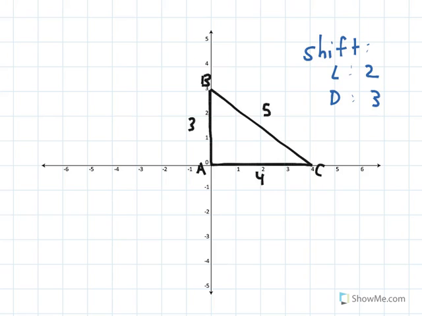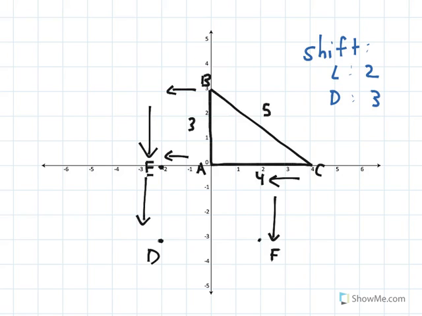Point A is 0, 0, which would shift left 2, down 3, right here, and let's call that point D. And B would shift left 2, down 3, right there, point E, and C shifts left 2, down 3, point F. And there's our new triangle. That's just one of the many shifts.